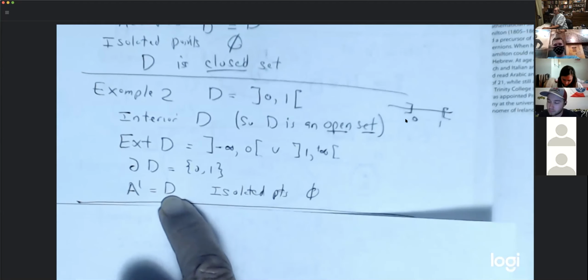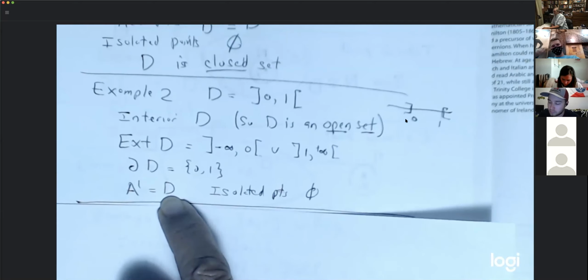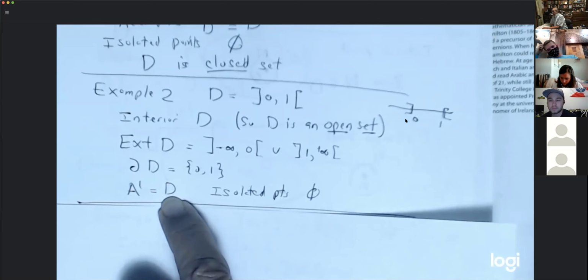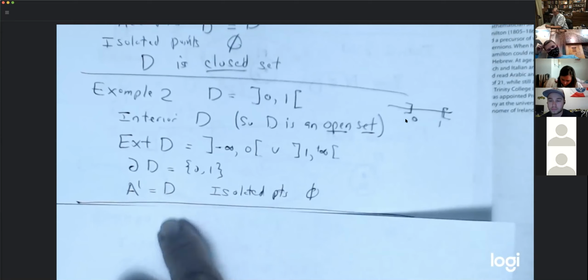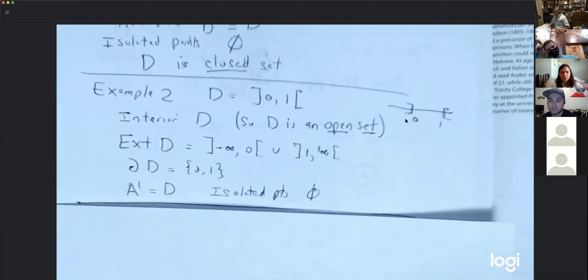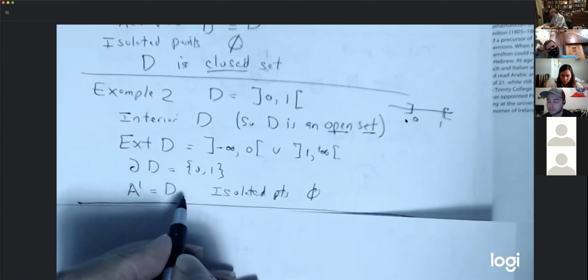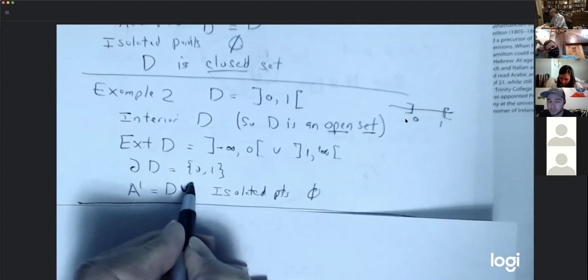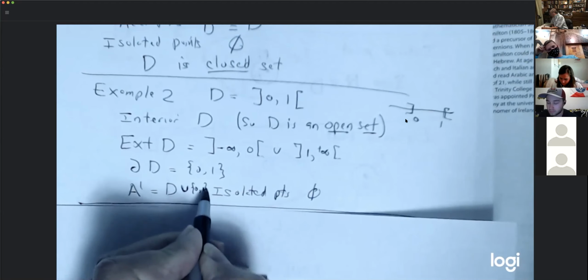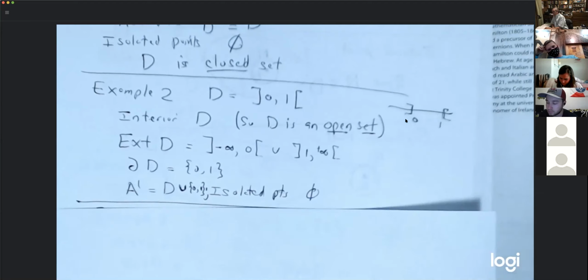Accumulation point means every neighborhood contains a point besides 0 or 1. I mean, every neighborhood of 1 contains a point besides 1 in the set. And if you think about it, that's true. Therefore, what I wrote is wrong. Okay? Now, I know that, but I was hoping when you looked at it, you might think, oh, there's something wrong with that. So what do I need to do for accumulation points here? I need to include 0 and 1. Okay?